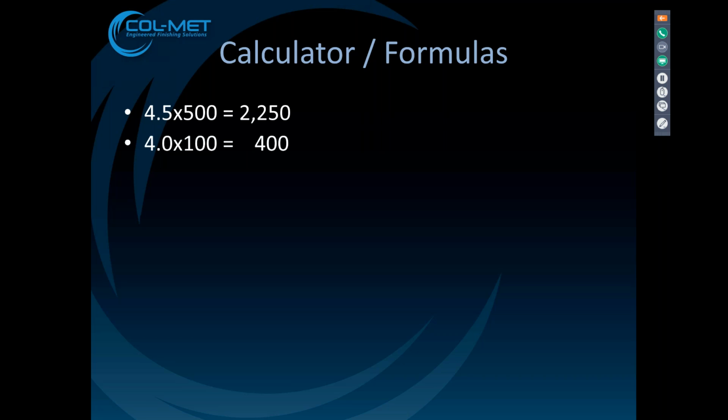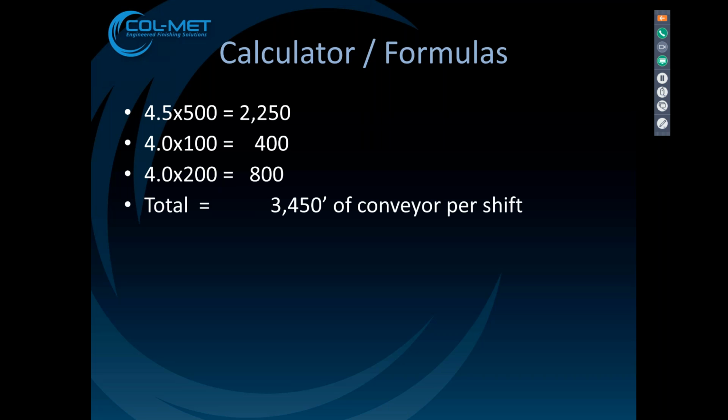On his smallest parts, which were racked, it was 36 inches plus the space between racks, times 100. It's 4 foot times 100, or 400 feet. And then the mini bike, again, 4 foot times 200, a quantity of 200, equals 800 feet per day of conveyor. So a total is 3,450 feet of conveyor per shift.